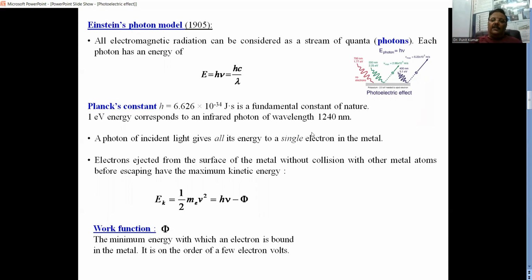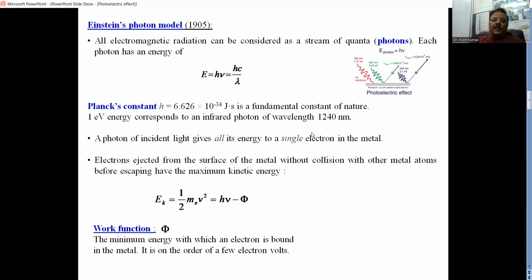And a photon of incident light gives all its energy to a single electron. If one photon is incident on the metal surface, one electron will be emitted corresponding to it. It's not so that two photons emit one electron or one photon emits two electrons. One will emit only one.